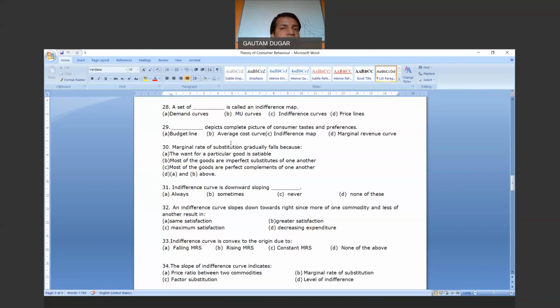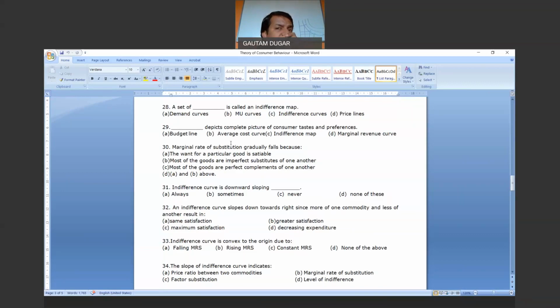Two indifference curves cannot intersect each other. That is, indifference curves are non-intersecting. These are different properties. Now, why did I start off with the properties?